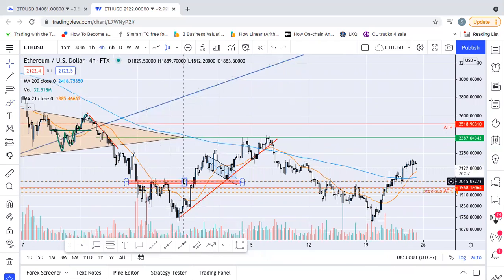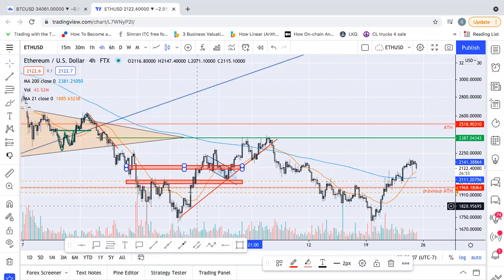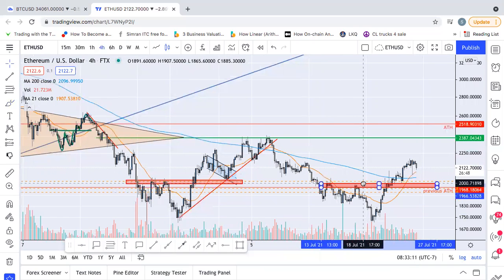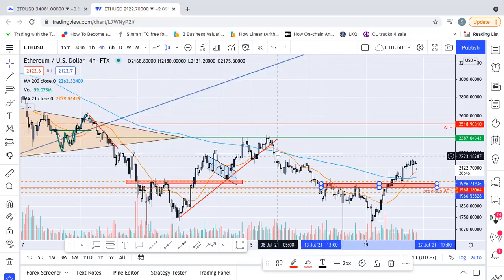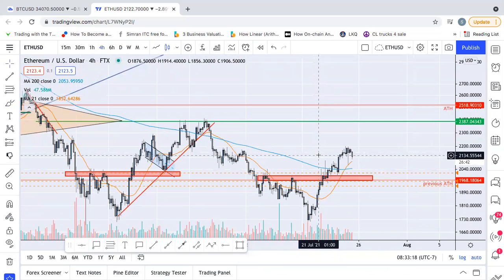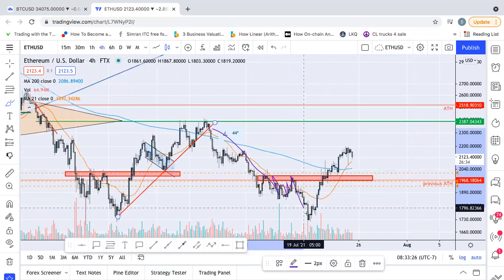Okay, so let's just copy this or clone it. Let's bring it right here. Look at that. Okay, so what should we be looking out for next, right? Look, it fell, hit its head, couldn't get over, so it fell back down.